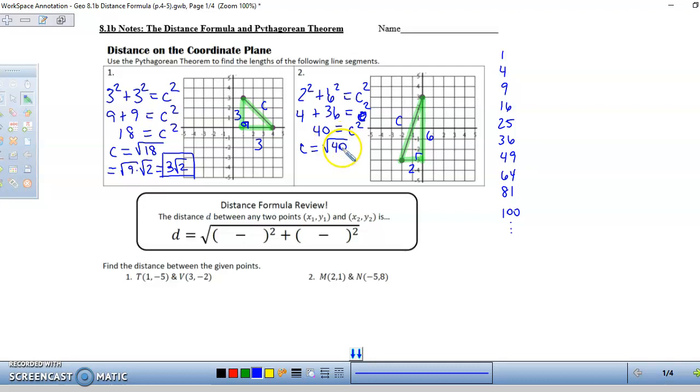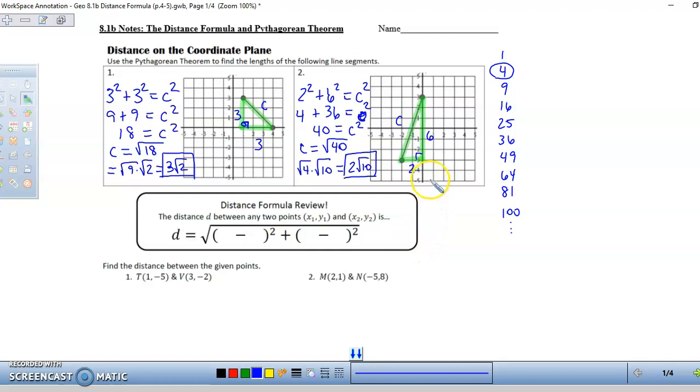Okay, so the most obvious one is 4, and I don't think any of these others divide into 40. So in this case, we're going to use the 4. So square root of 4 times the square root of 10 is 40, and then square root of 4 is 2. So here I get 2 root 10.